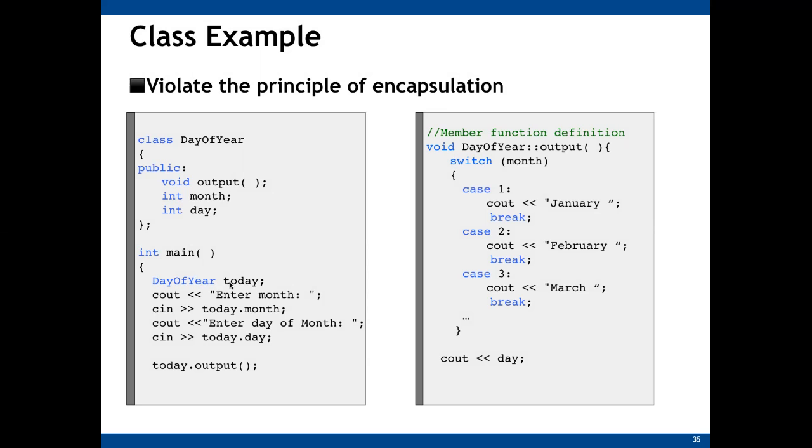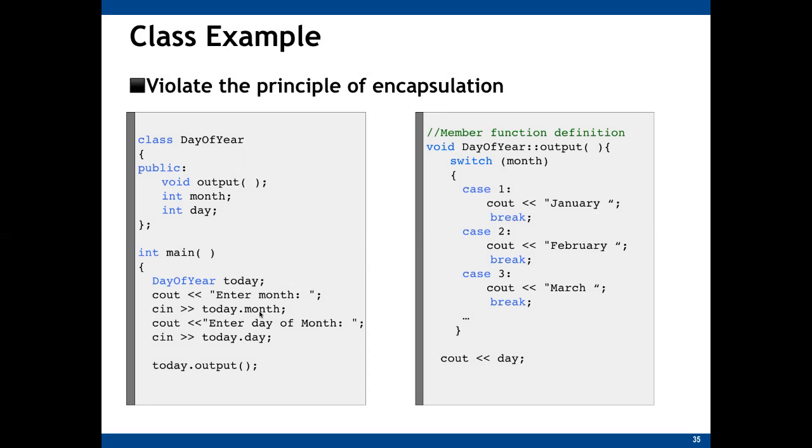We first create an object of this class using these statements, and then we set the member variables by using the dot operator like this. today is an object of this DayOfYear class, and we are setting the month member variable of this today object using a dot operator. We also set the member variable day using a dot operator here as well.